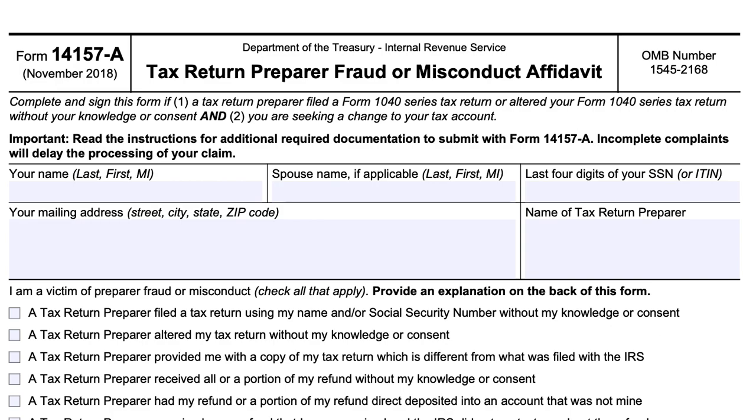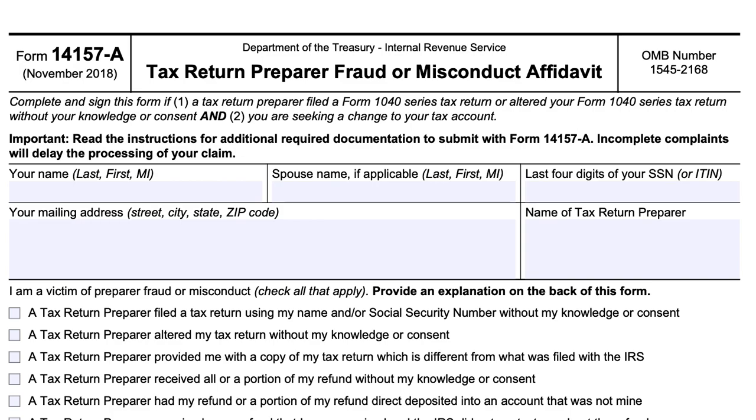And two, if you are seeking a change with the IRS to your account. And if that's the case, you're going to file this form along with Form 14157, which is the standard complaint form for your tax return preparer.